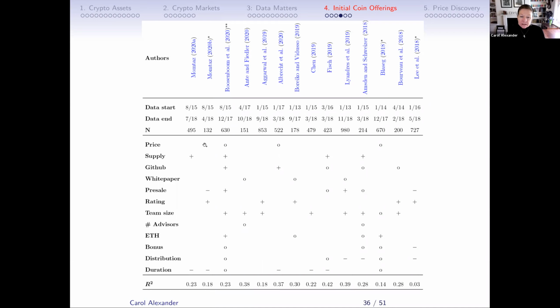So one of the things that we didn't want to do was to include both price and supply, because they are negatively correlated. The more tokens that you're actually producing in the ICO, the lower the price. It's really the market cap, the target cap, the soft cap and the hard cap, or the target. So you can achieve that in two ways.